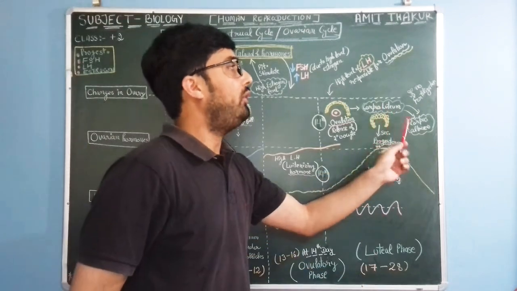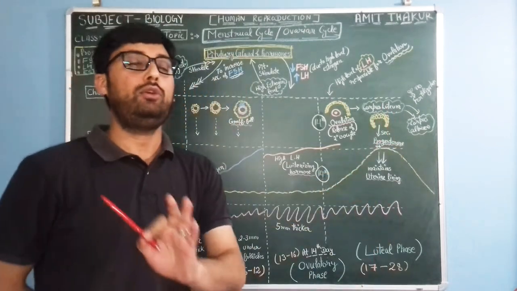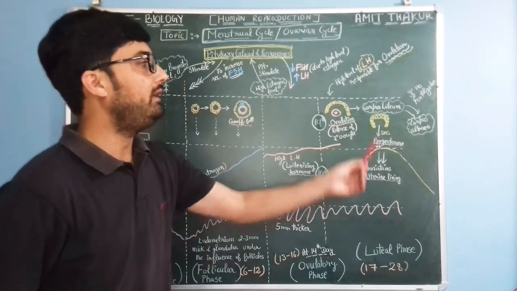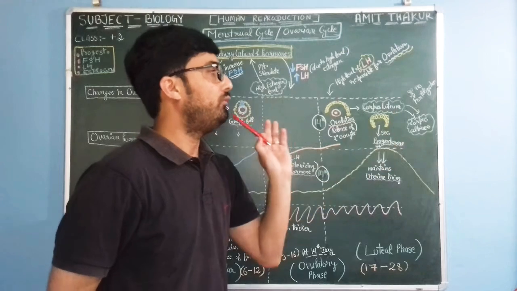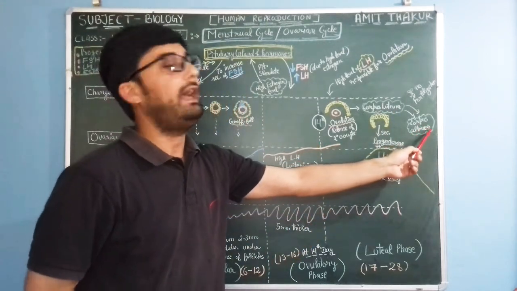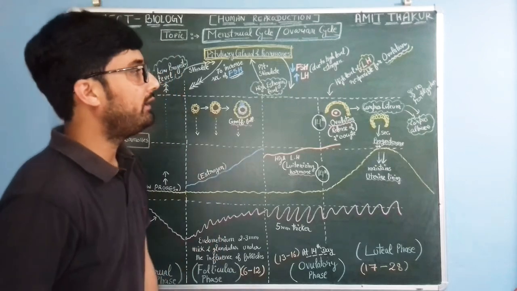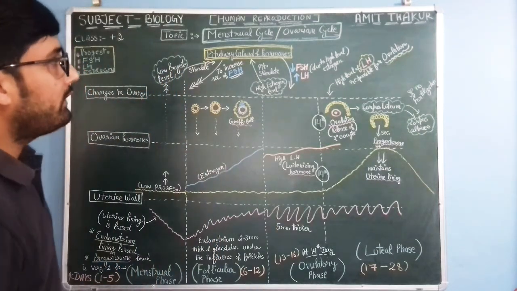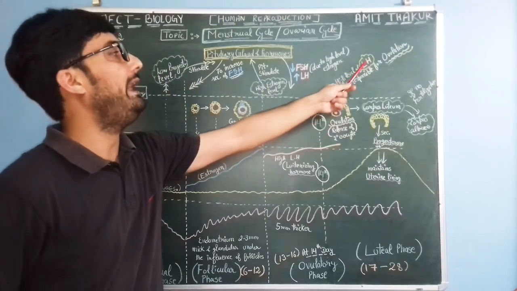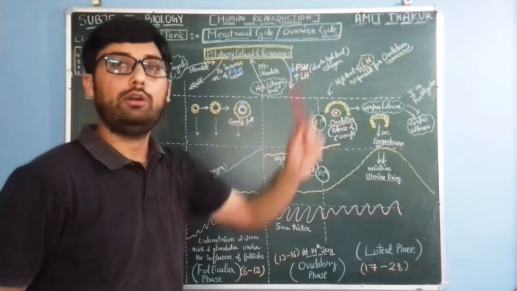And if there is no fertilization, if there is no entry of sperm inside the female reproductive system, what would happen? This corpus luteum would start degenerating and become corpus albicans. Here you can see I have written over here: high level of LH responsible for ovulation.